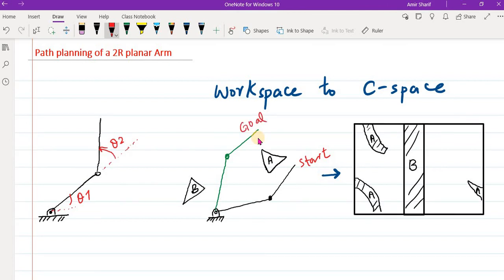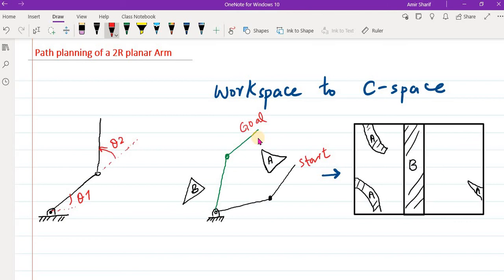I have shown the goal location with another configuration of the same robotic arm. When your robot reaches the goal location, it may have this kind of configuration, but it's not a must. The important thing is that the end effector of this robot should move from the start location slowly toward the goal location.